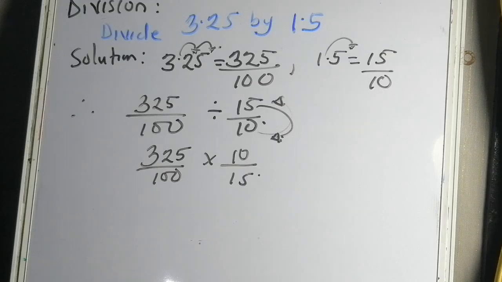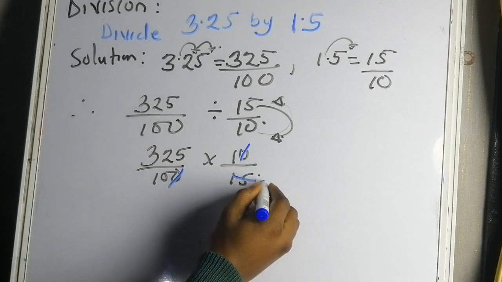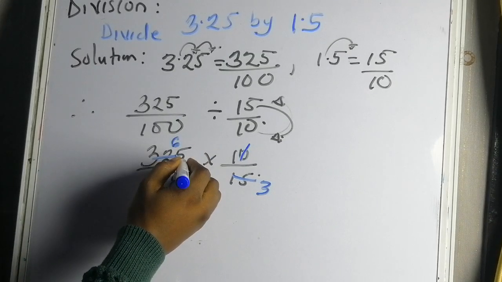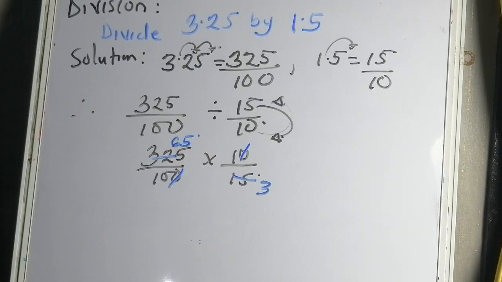From here, you can now cancel out. 0 can cancel 0 here. Then 5 goes into 35 in 25, that's 5.